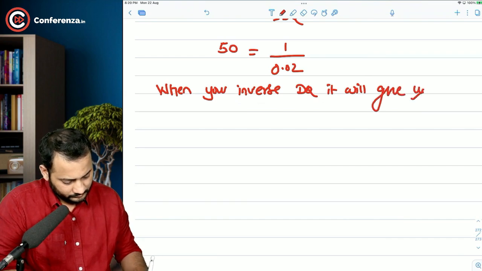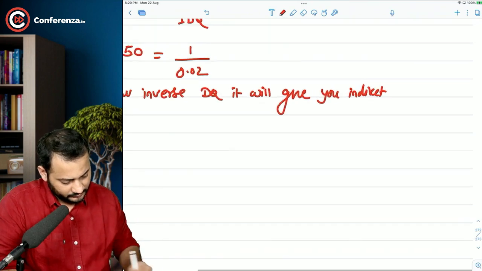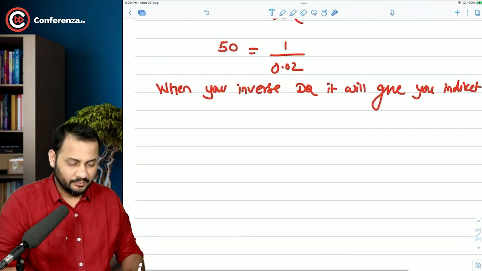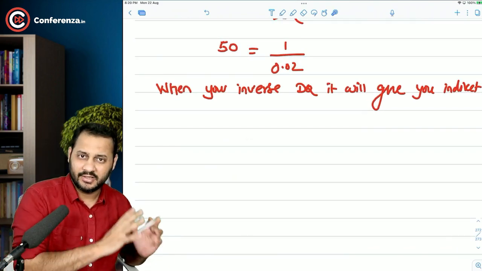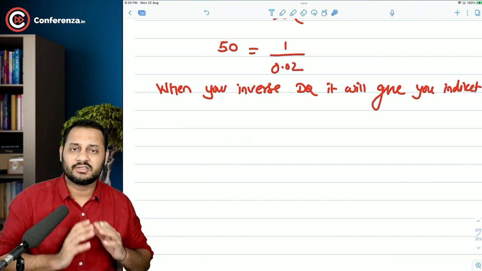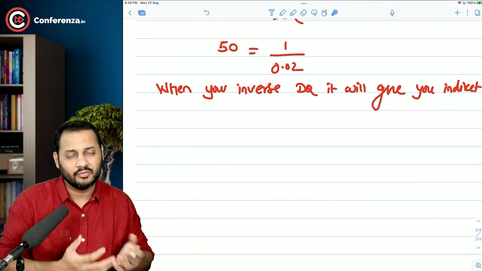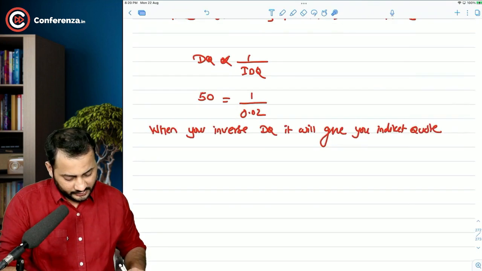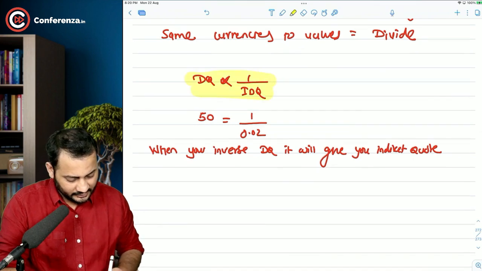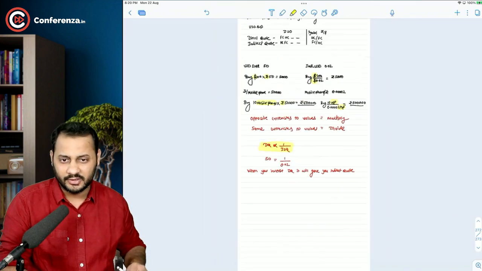Do you get that? Any values can be converted from direct to indirect, indirect to direct. Just do the reverse and you will have your values. Okay, sir. So one more concept that we learned is that direct quote is inversely related to indirect quote.